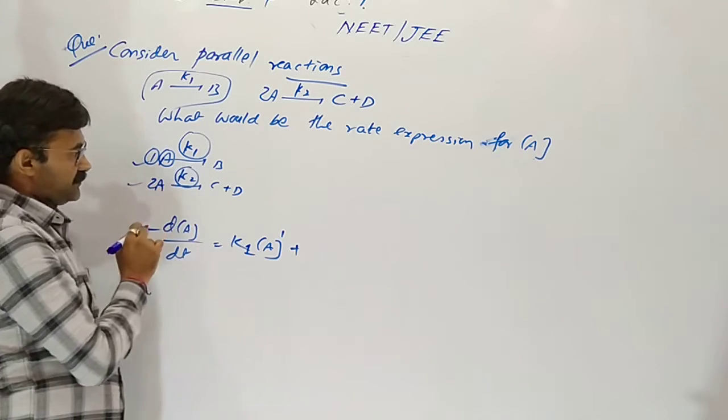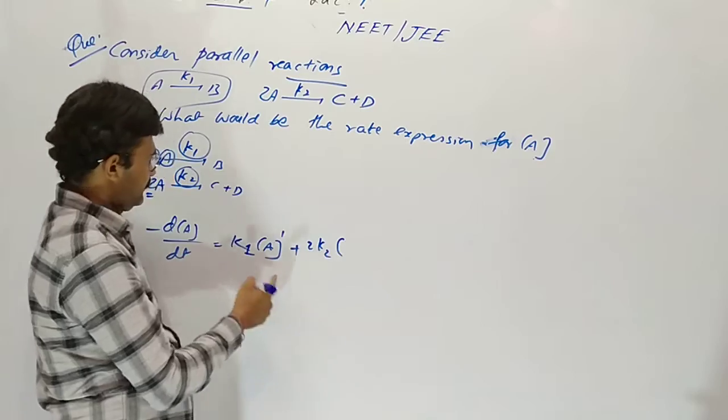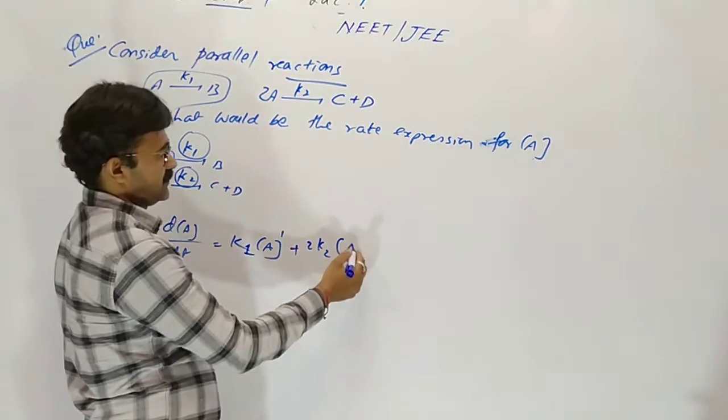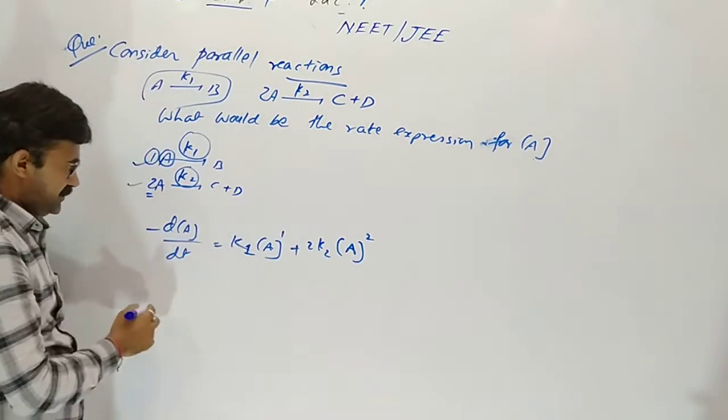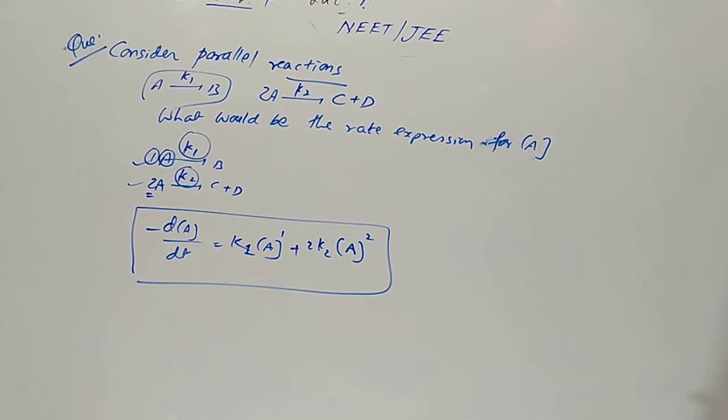Here K2, but here is 2 mole. 2 times K2. And mole comes as a rest. This is our rate law for this parallel reaction. Understood? When parallel, we have to take addition of it.